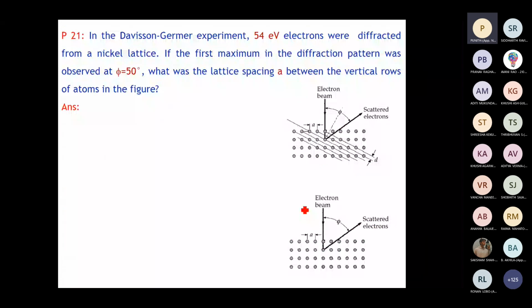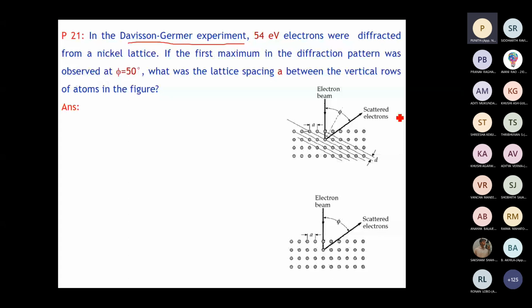So we have the Davisson-Germer experiment. In that experiment, we know that electron beams were shined upon a nickel crystal, which has a proper arrangement of atoms. When you say crystal, there is a proper arrangement of atoms, and then they look for the scattered electrons which form the diffraction pattern. In this case, 54 eV electrons were diffracted from the nickel lattice.